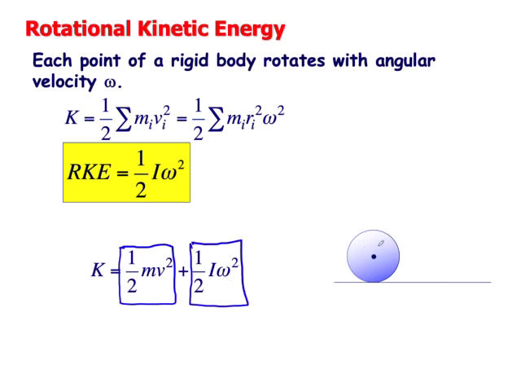A rolling object like this, if it's rolling around the floor, has both omega and a velocity, v. And so objects that are rolling on the floor, what kind of energy do they have? The answer is they have both linear kinetic energy and rotational kinetic energy, RKE.